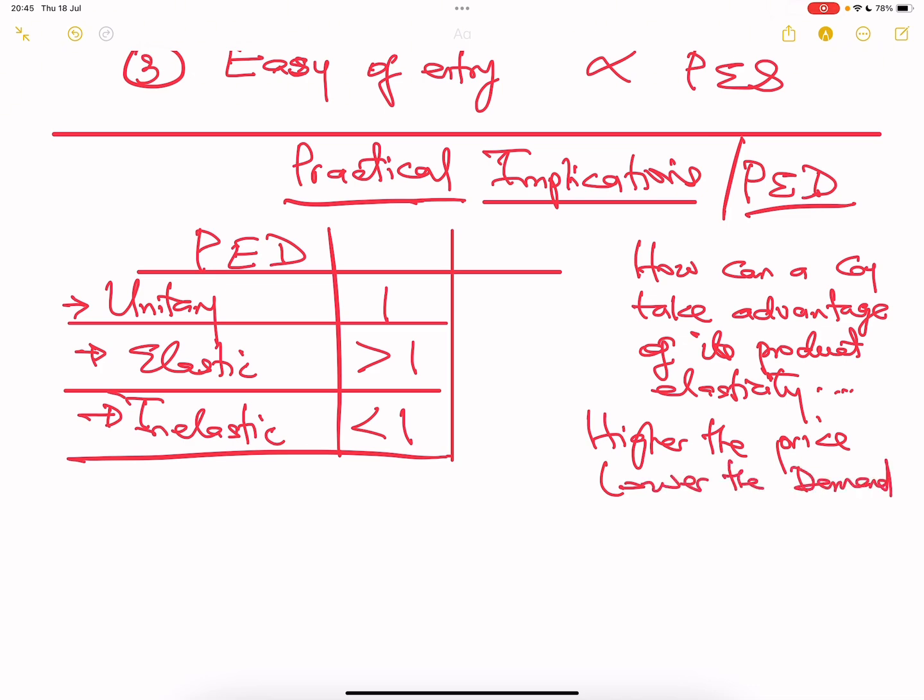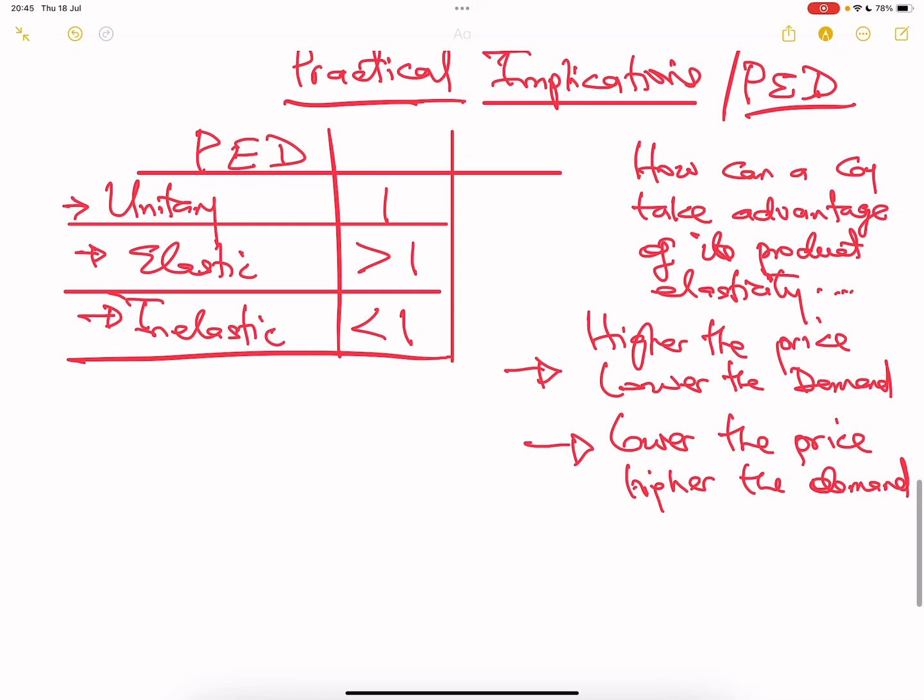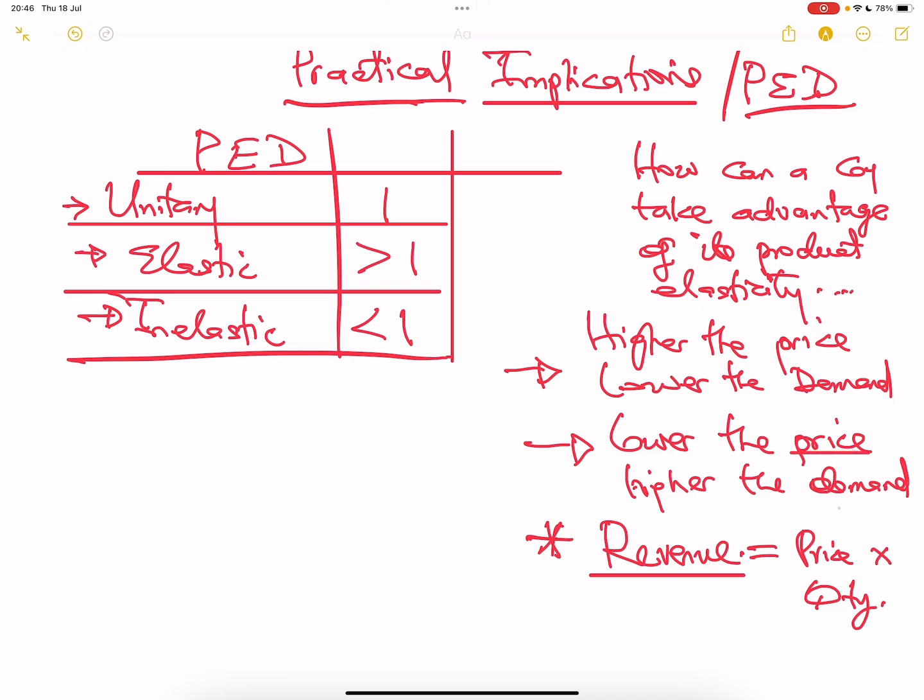And this means that the lower the price, the higher the demand. But all of this doesn't make sense to a company, because what the company is after is revenue. But guess what? Revenue is a product of price multiplied by quantity demanded. So both this and this together are a concern for the company, because that is where the revenue will come from.